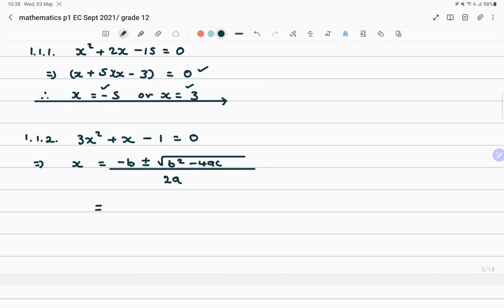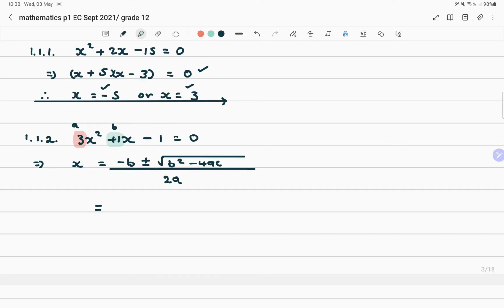So now what do we know? We know that the coefficient of x squared together with the sign gives us a. Okay? And then we also know that the coefficient of x, so it's an invisible plus 1, right? Which we don't really write. So that gives us the b. Okay?